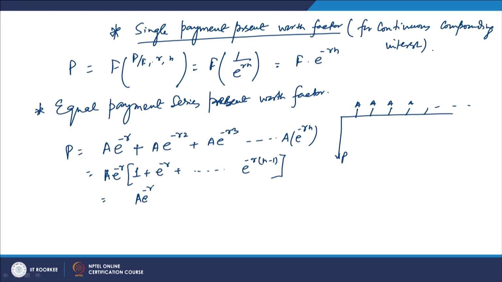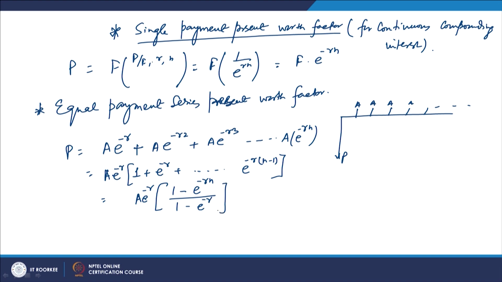So, the sum will be 1 minus the ratio raised to the power n, upon 1 minus the ratio, and the first term is 1 itself. You have n terms, so e raised to the power minus r n divided by 1 minus e raised to the power minus r, the common ratio.